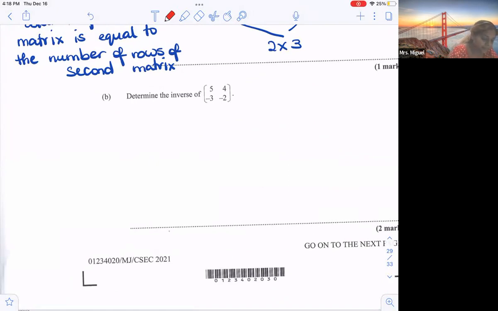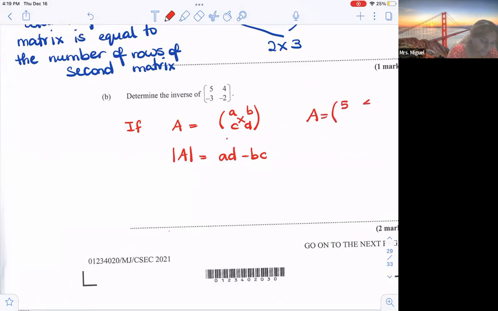So the determinant, if A is a, b, c, d, then the determinant of A is a by d minus b by c. So I want you to do it. 5, 4, negative 3, negative 2. So the determinant of A, across opposite ends of the diagonal.